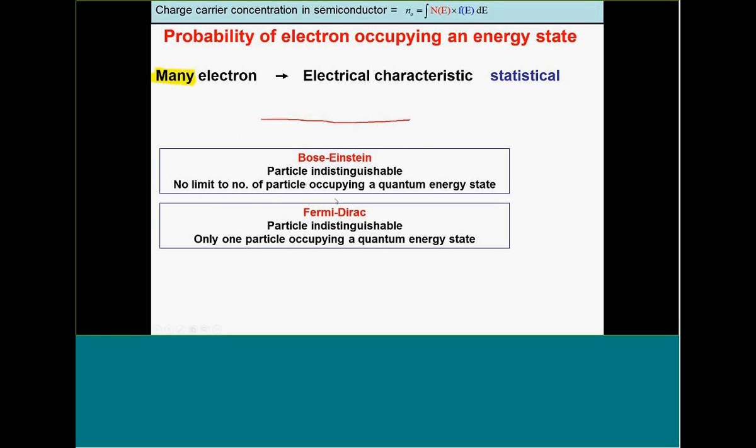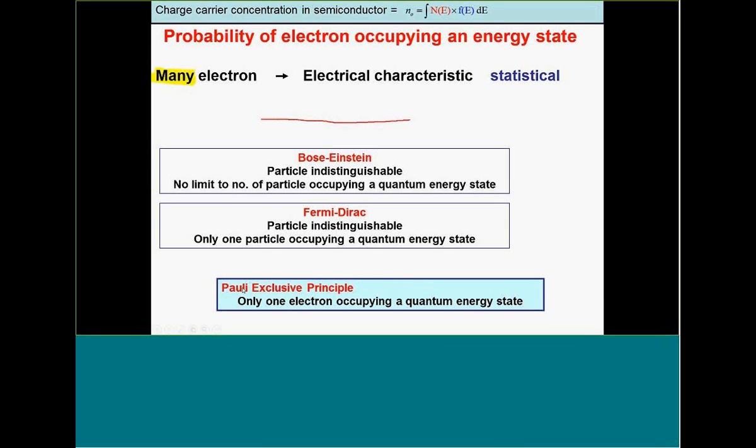So let's look at the Bose-Einstein statistics. We say that particles are indistinguishable. Okay, that's right, electrons obey that criterion. And Bose-Einstein also says there is no limit to the number of particles occupying a quantum energy state. But we know that according to the Pauli exclusion principle, which you learned before, Pauli said that only one electron can occupy a quantum energy state.